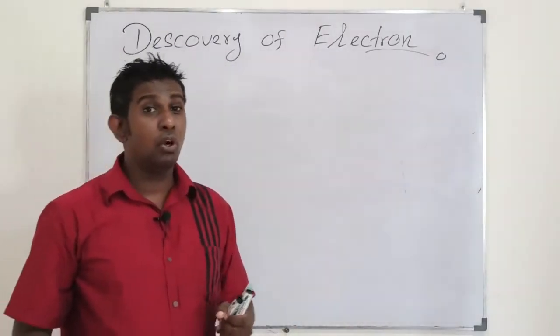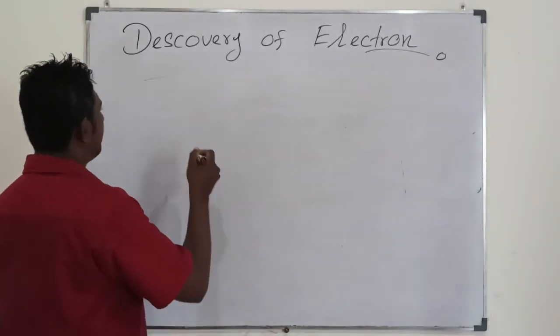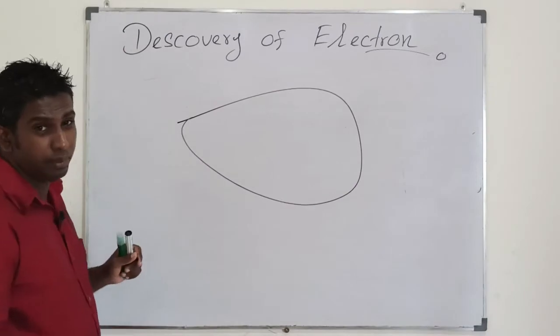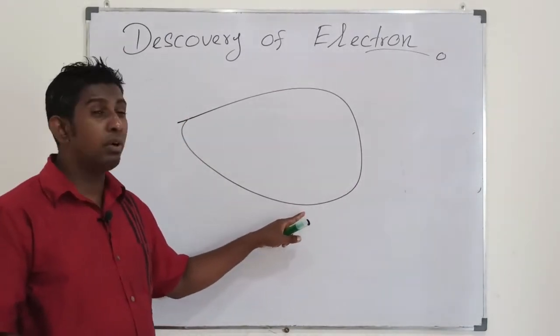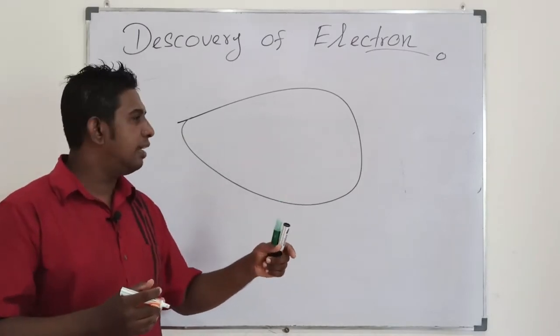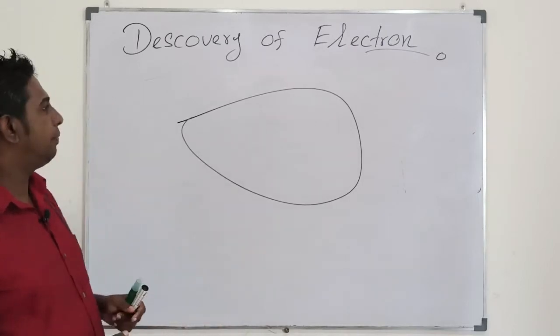Do you know what he did? He changed the shape of the cathode tube, and thereafter it was no longer using a vacuum pump for low pressure inside. It was a sealed glass tube he was using.